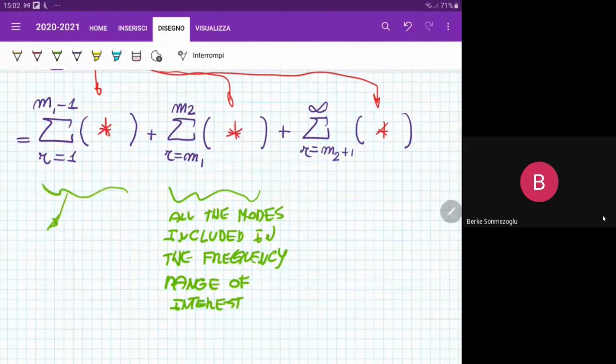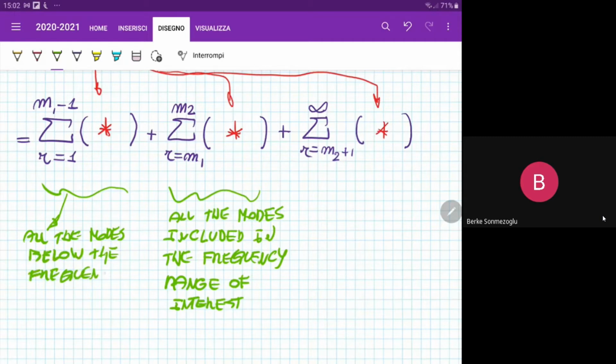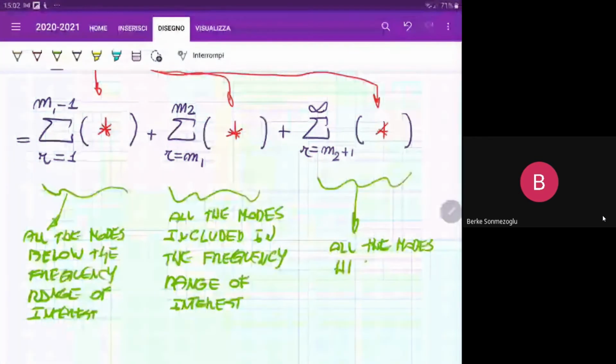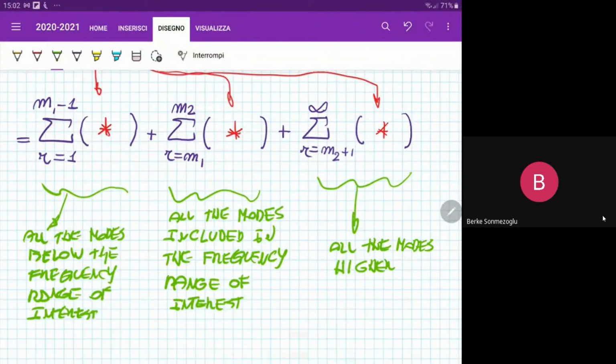Here we are having all the modes below the frequency range of interest, and there we are having all the modes higher than the frequency range of interest.